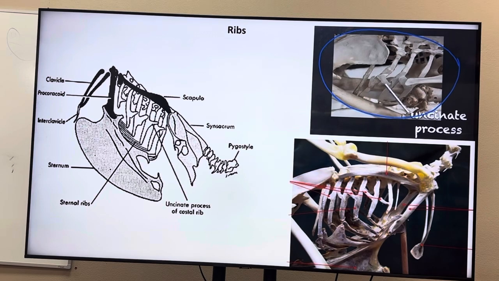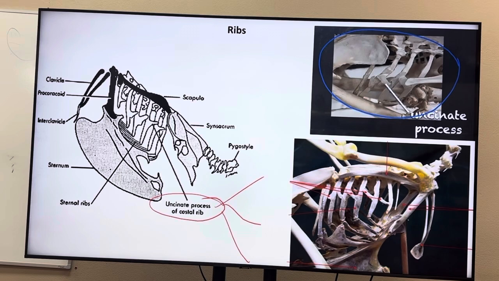So the ribs are flat and broad in birds, and they have a unique structure referred to as the uncinate process. The uncinate process, I would say, has three functions.